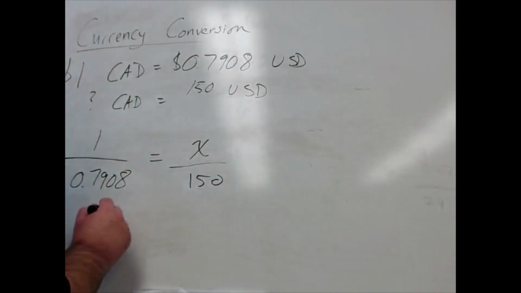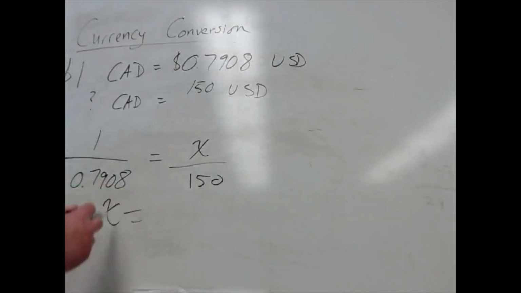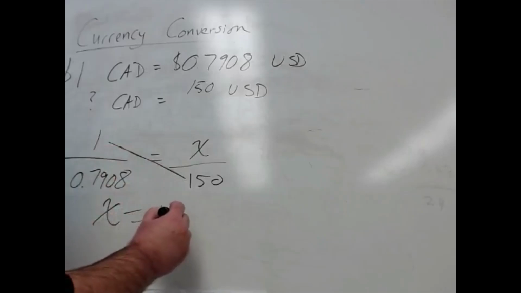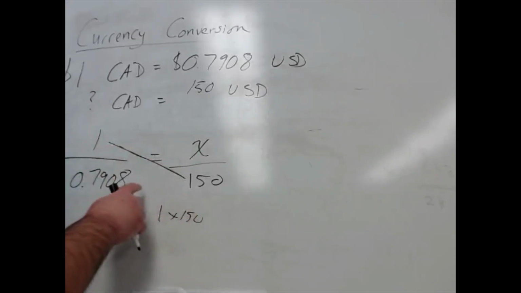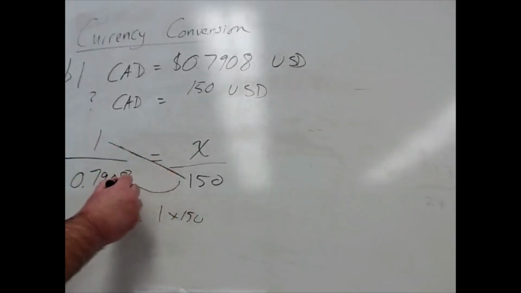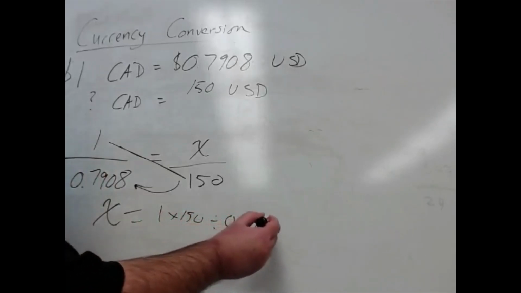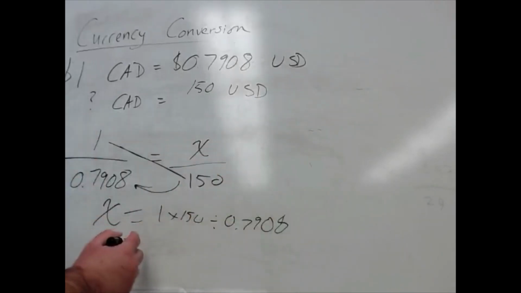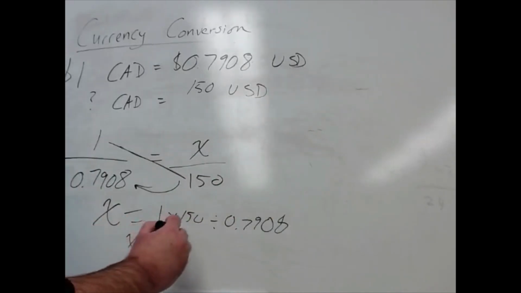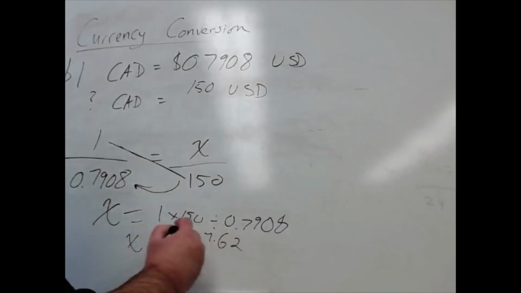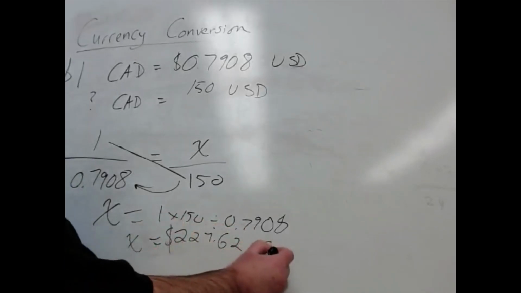To solve for X, I would do 1 times 150, and then take the result and divide it by 0.7908. And doing that gives me approximately 227.62 Canadian.